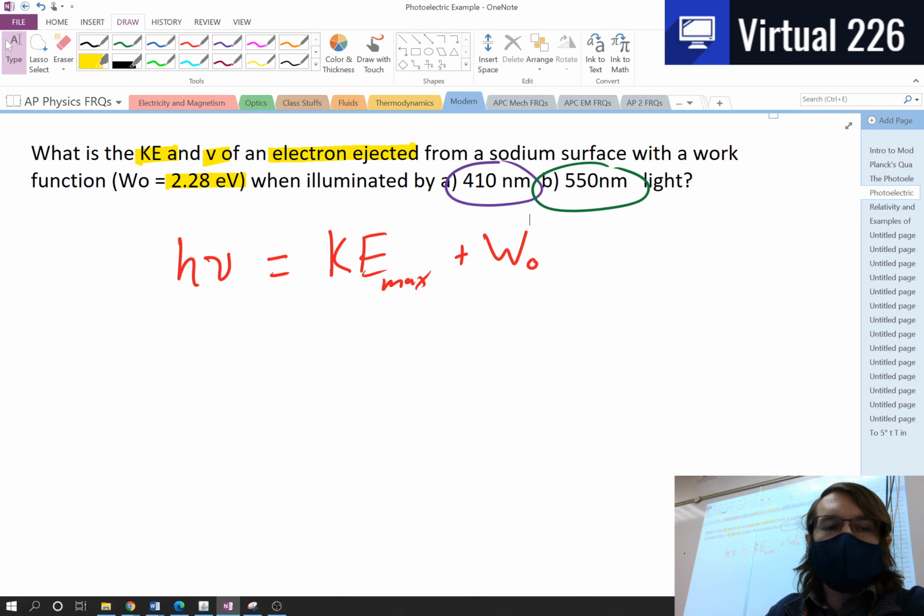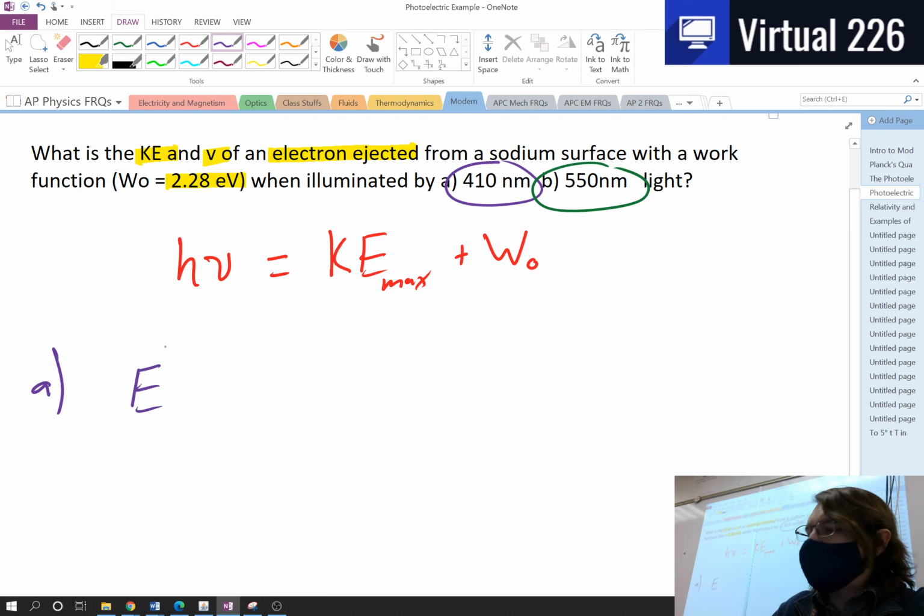The first thing we'll do in part A, for the 410 nanometer light, is recognize that this h nu is the energy of the light. So we know that the energy of a photon of light is given by h nu, or hf, however you want to write it.